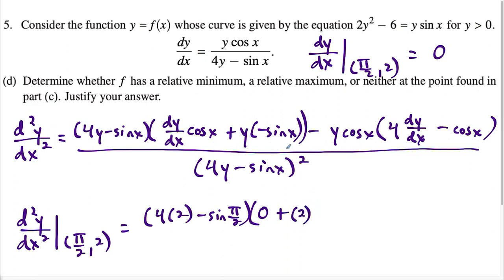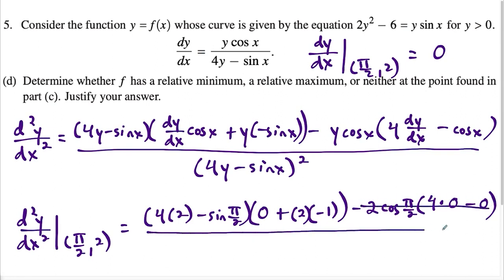So we have 2 times negative sine of pi over 2 is going to give us negative 1. And now we have minus y is equal to 2. We got cosine of pi over 2. And cosine of pi over 2 is 0. So whatever this stuff equals here, doesn't matter, that is 4 times 0 minus 0. This whole last piece here is just going to wipe out. And this is all over 4 times 2 is 8 minus sine of pi over 2 is 1, squared like this.